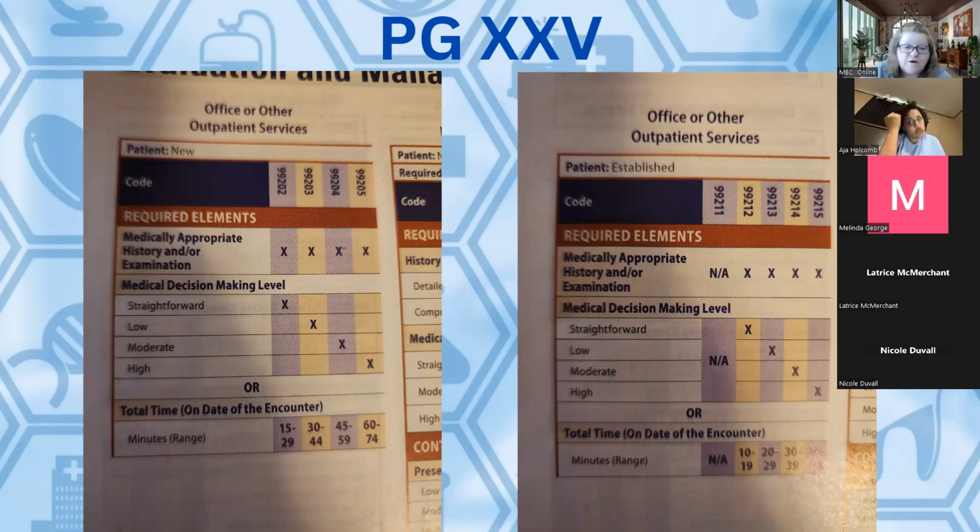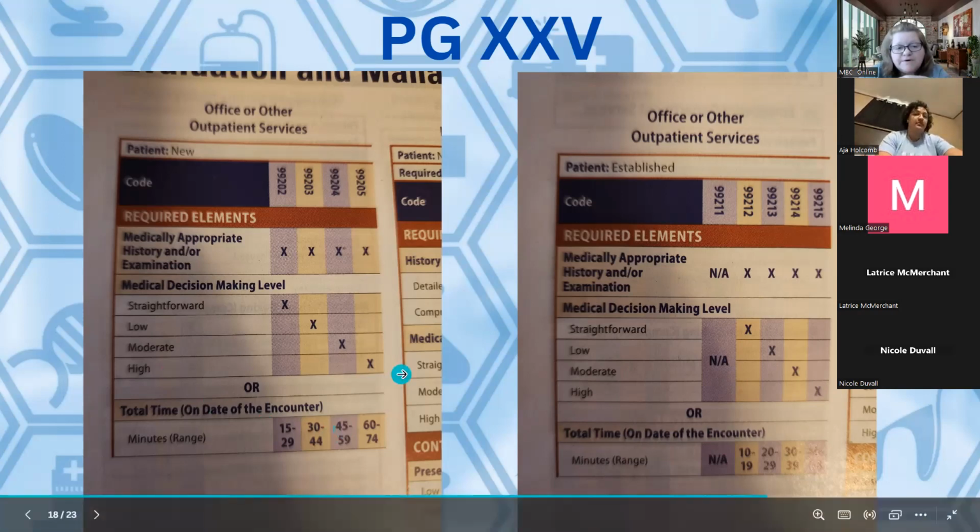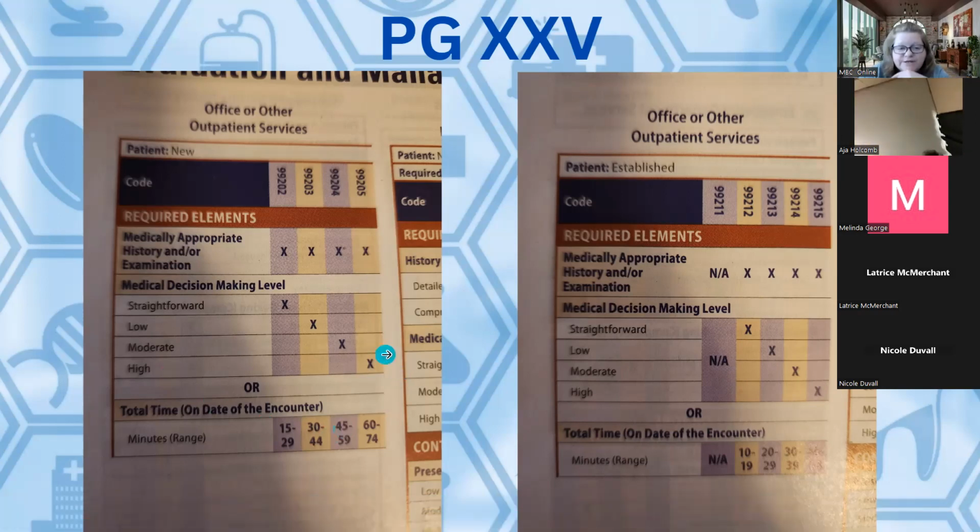Two coders may not always agree if something is a 99204 or a 99205. One might think what they did was really complicated, and the other might not. So sometimes it could go either way. It's all in how we perceive the information and how we reflect it in the codes. But for that particular example, it's 99202.